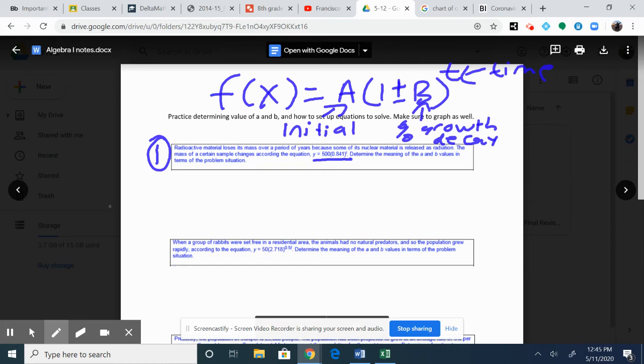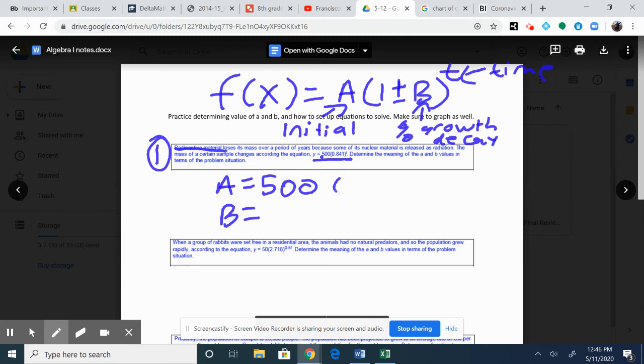So we can label our a and our b. Our a is our initial value of 500, which means we started off with 500 units of radioactive material. So that's where we start off.